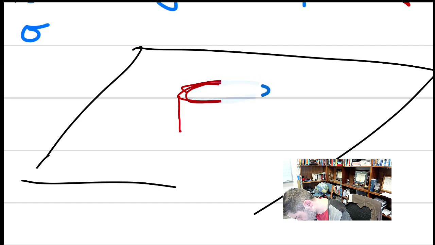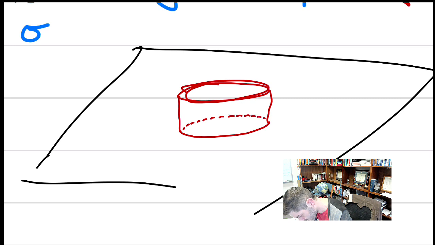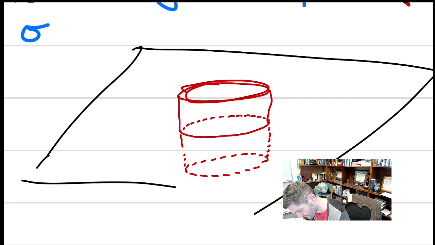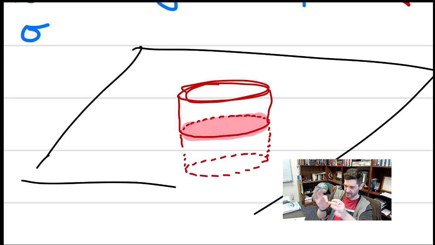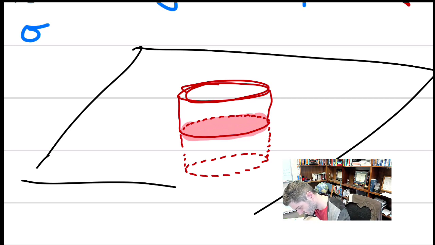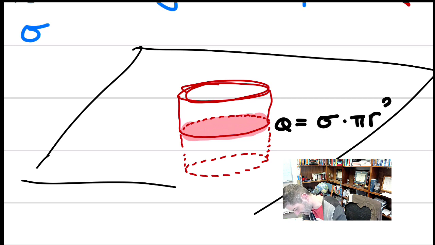Then it goes down and eventually pierces into the sheet, and then it has the part that is beneath the sheet. Essentially, it is this little part right here. That little circular disc of sheet has some charge. The charge in this case is going to be whatever the local charge density is, charge per area, times the area of that red disk.